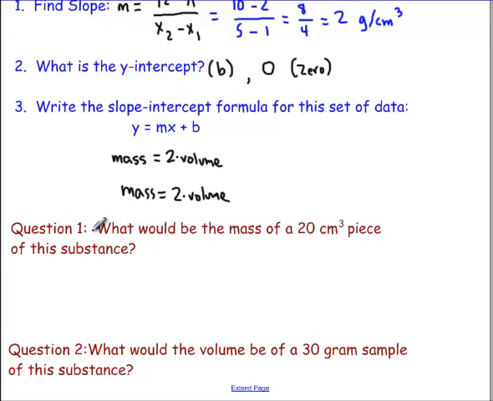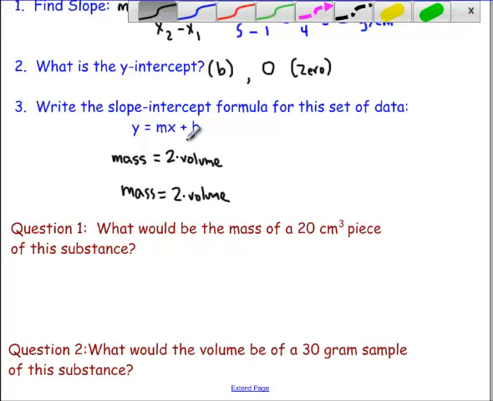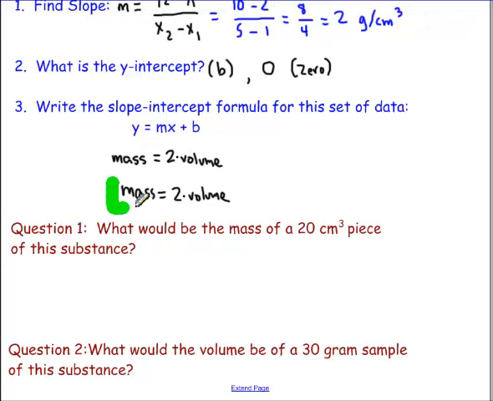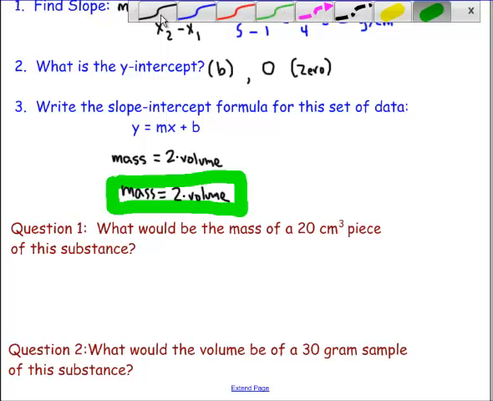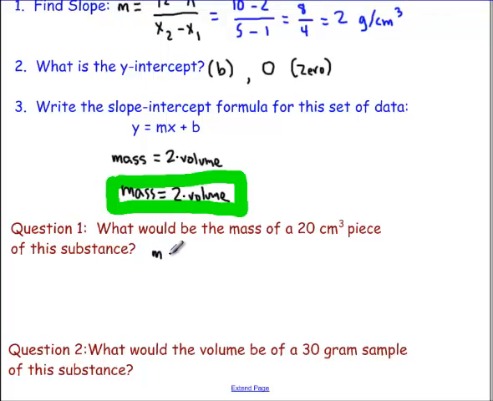So let's do this one. Question 1. What would the mass of a 20 cubic centimeter piece of this substance be? Well, we take our formula, that I'll highlight one more time, and all we simply have to do is plug into it. We're trying to find the mass. We know the slope, or the density, times the volume.